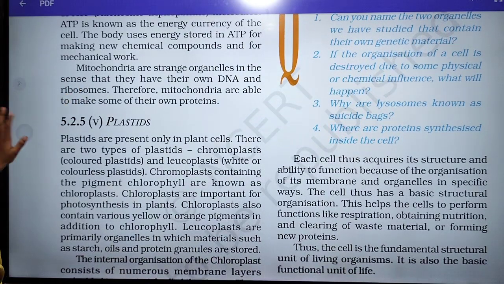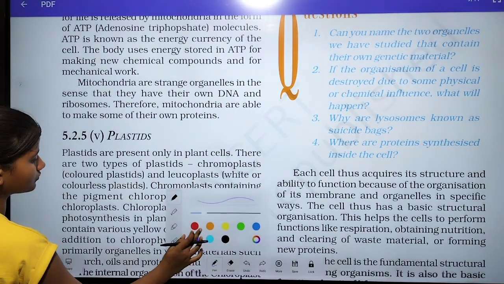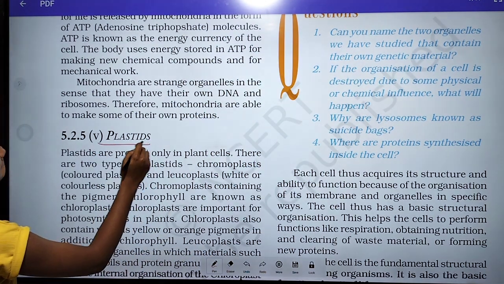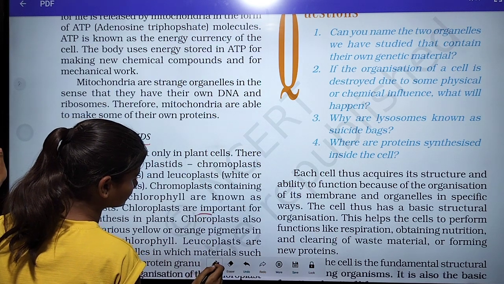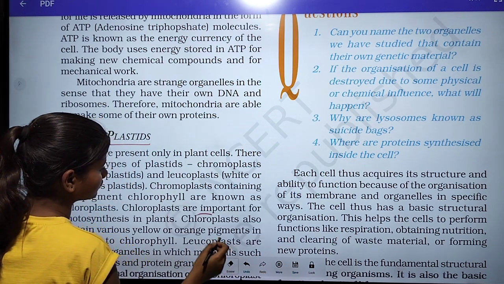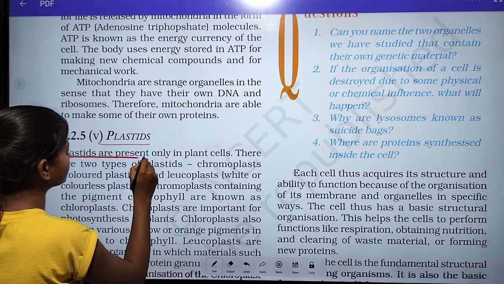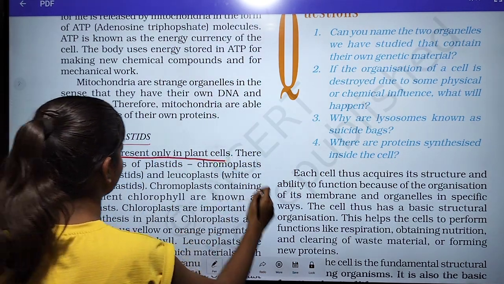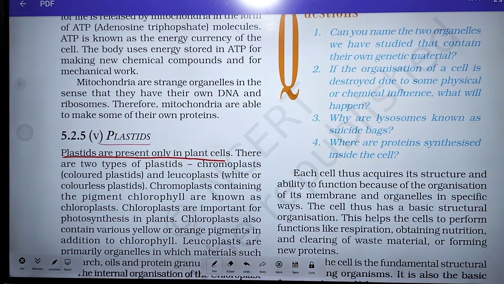Now the next one is plastid. Fifth, plastid. Plastids are present only in the plant cell. We know that plastid is only present in plant cell, not in animal cell.